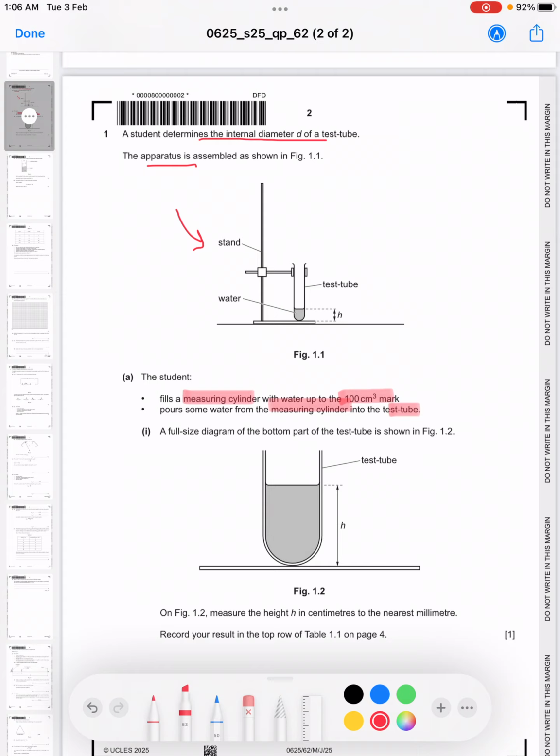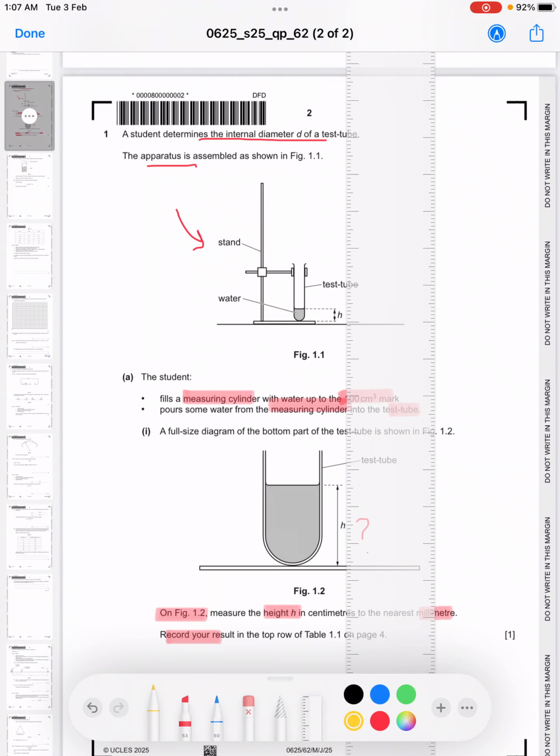On figure 1.2, they want us to measure the height h in centimeters to the nearest millimeter, and write this answer in the table. So first we will calculate this height h. How will we calculate it? By using the ruler.